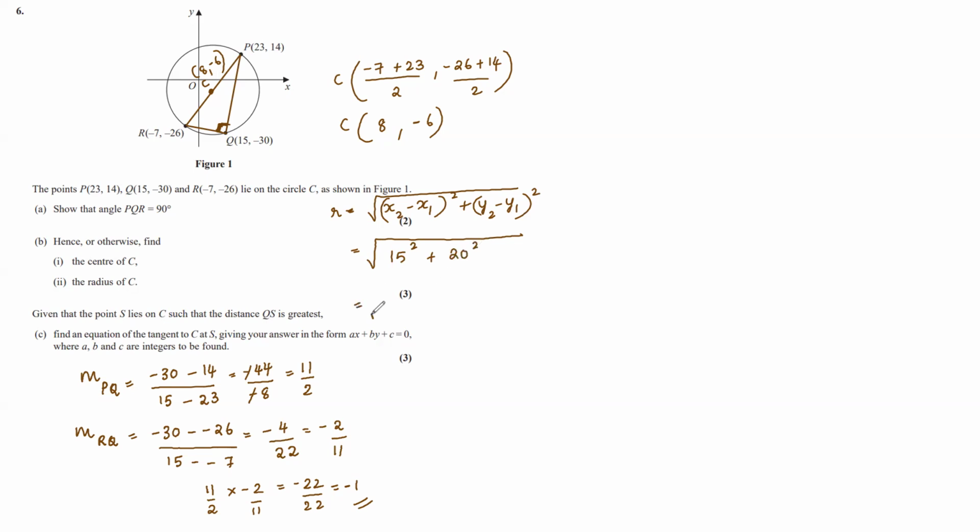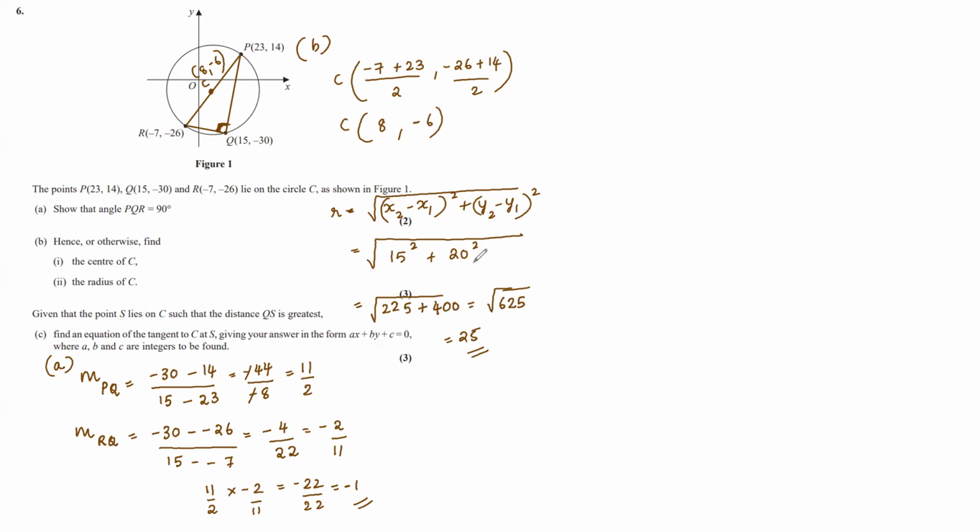This is the square root of 225 plus 400, which is the square root of 625, and that is 25. So we got the radius as 25 and the center as (8, -6). So this was the A part and this was the B part here.